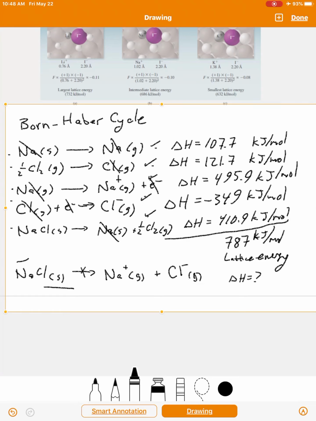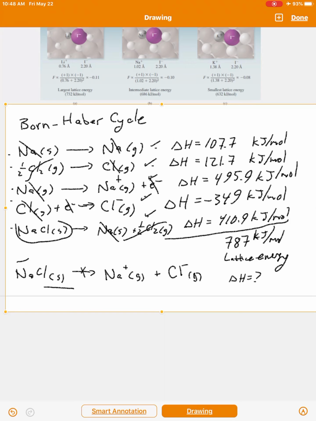There we go. Okay, so we got that one, we got that one. So 1/2 Cl2 gas cancels. And then you're left, it's kind of messy here, right? But you're left with essentially NaCl solid converted into Na+ gas and Cl- gas. So that's this equation right there.